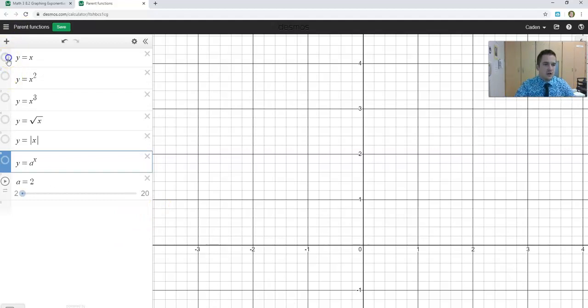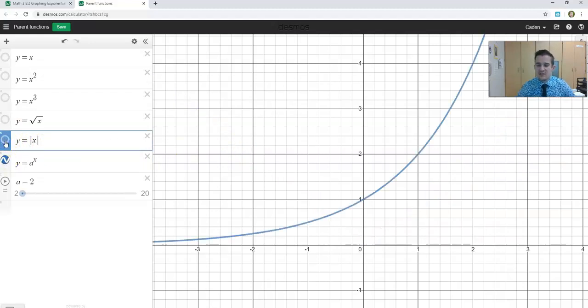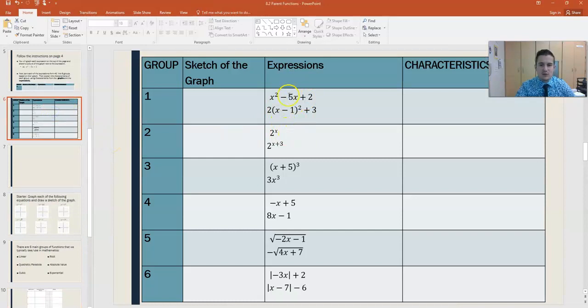Linear, quadratic, cubic, root or square root right here, absolute value, and exponential. Those are the 6 functions that we're going to be discussing. So if I come back into our PowerPoint, if I were to give you some functions like this, these functions that we start off with, those would be quadratic functions because they are squared up here.